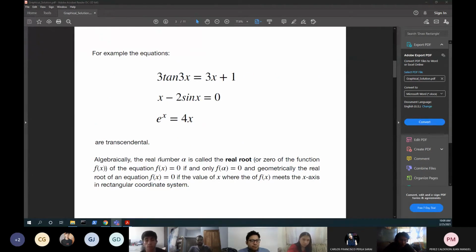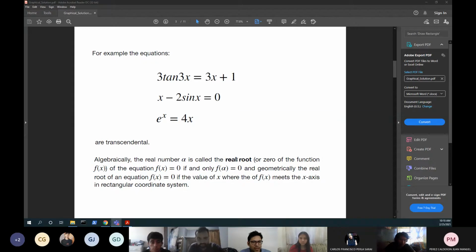Now moving forward in this topic, because we want to extract the solution of these polynomials, we want to calculate the solution, so we need to know what is called a root. A root is actually una raíz. No es una raíz de una planta, es una raíz numérica, por supuesto, ¿no? So a root, in this case, is symbolized by the number alpha. Alpha is called a root, okay?